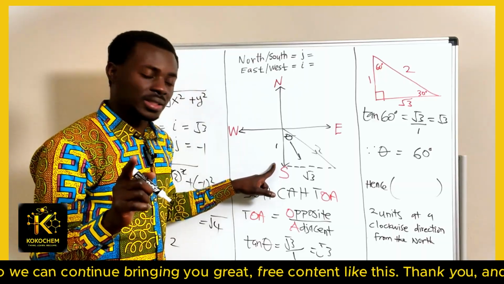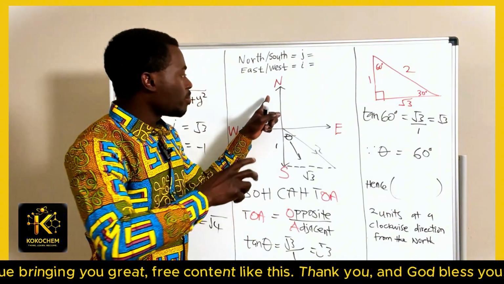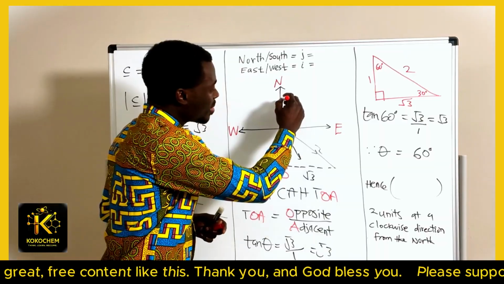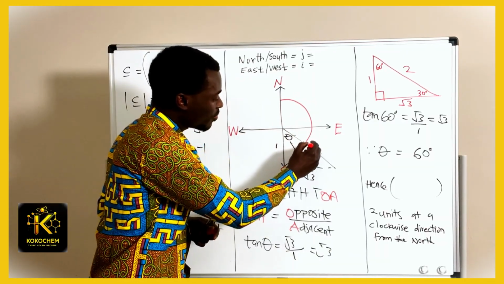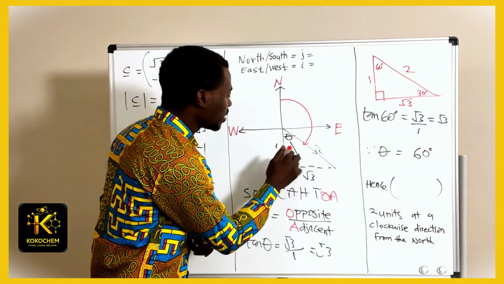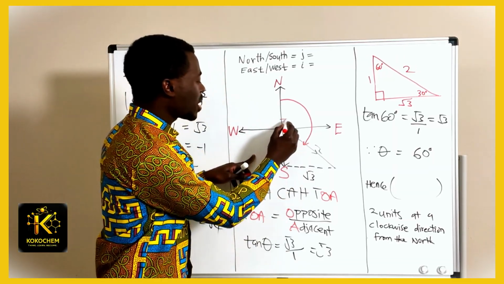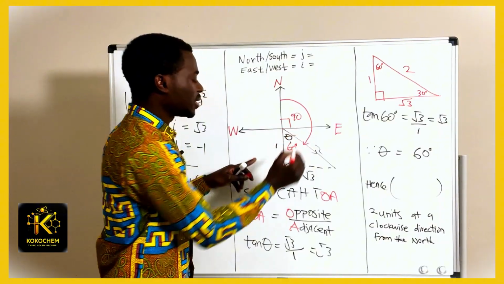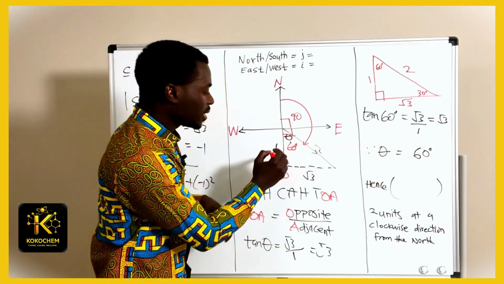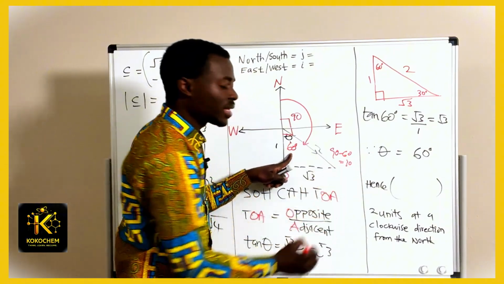But in the real question, the bearing angle is measured from the north in the clockwise direction. The angle from north to east is 90 degrees, and 90 minus 60 gives 30 degrees.